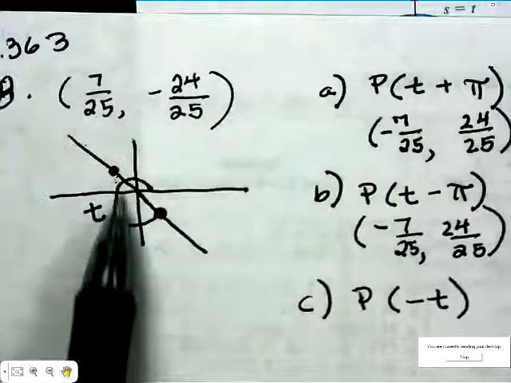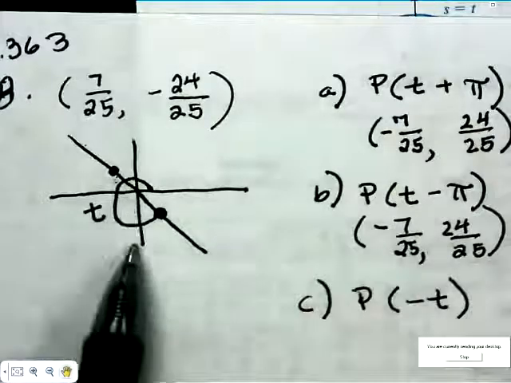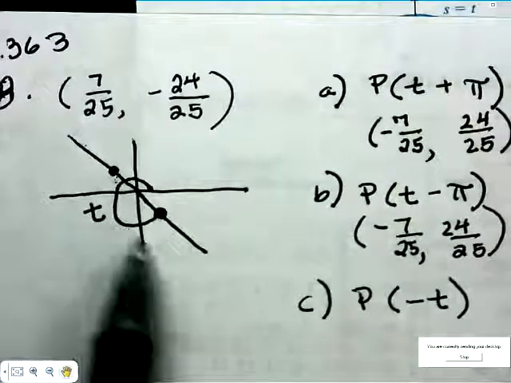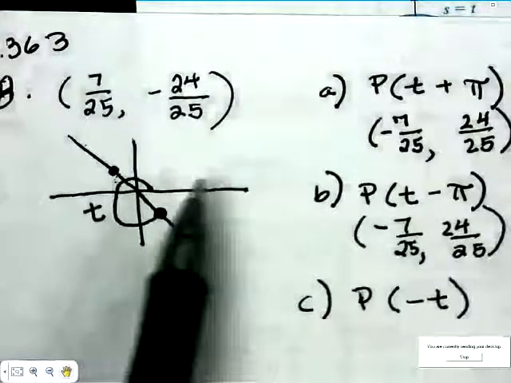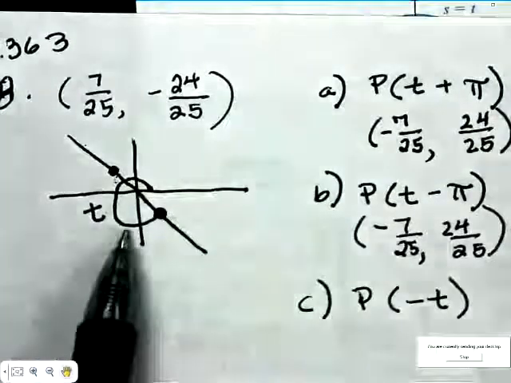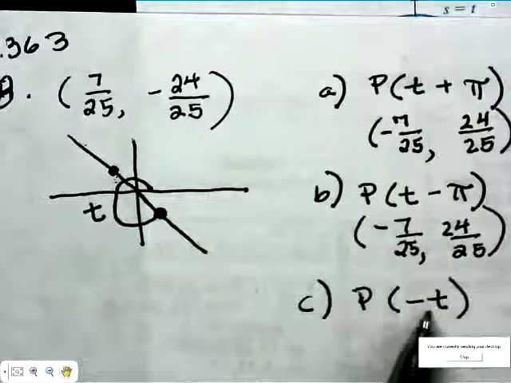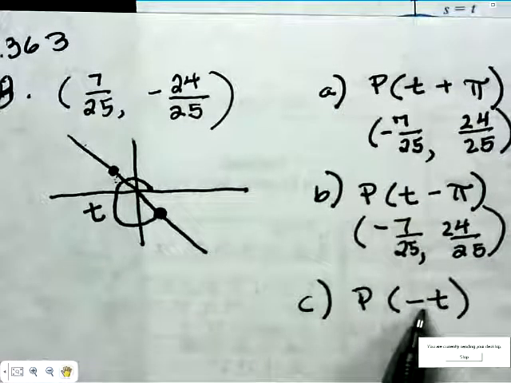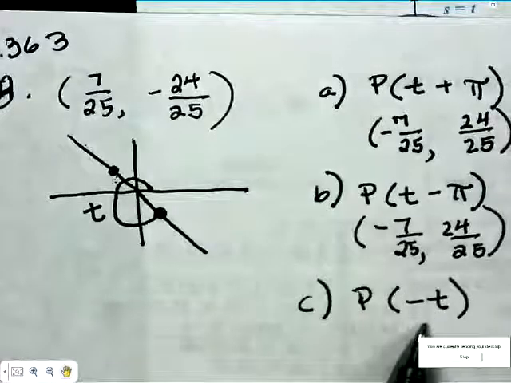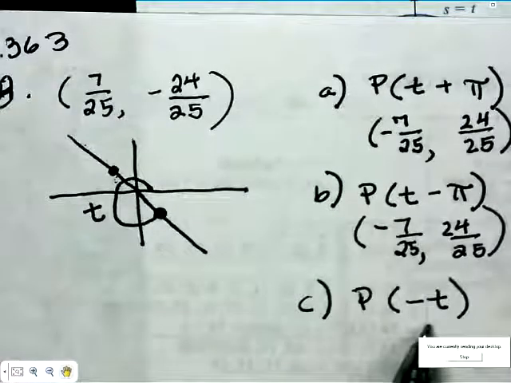It's past the vertical y-axis, but not yet back full circle. So it's somewhere between 270 and 360. What would p of negative t mean? Go that same distance, but in a clockwise rather than a counterclockwise direction.